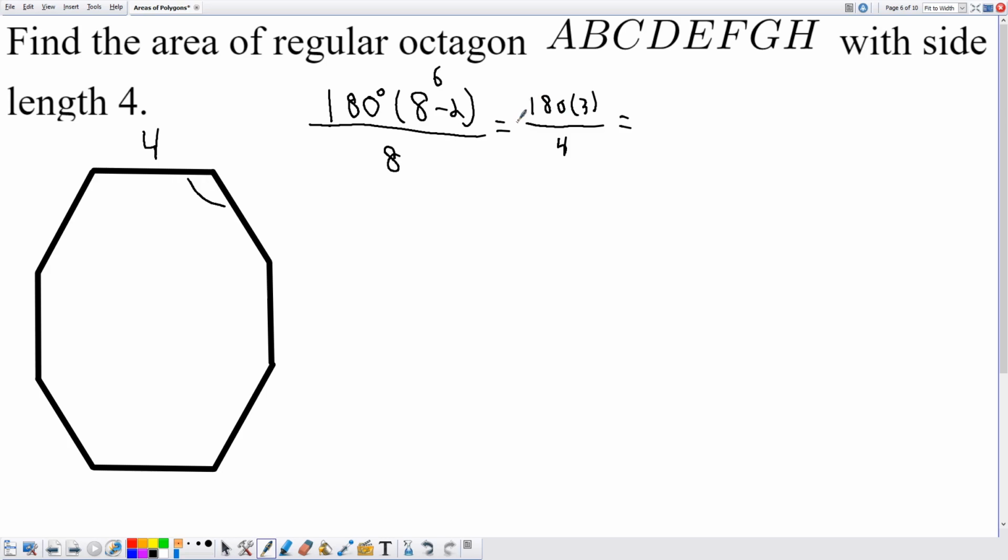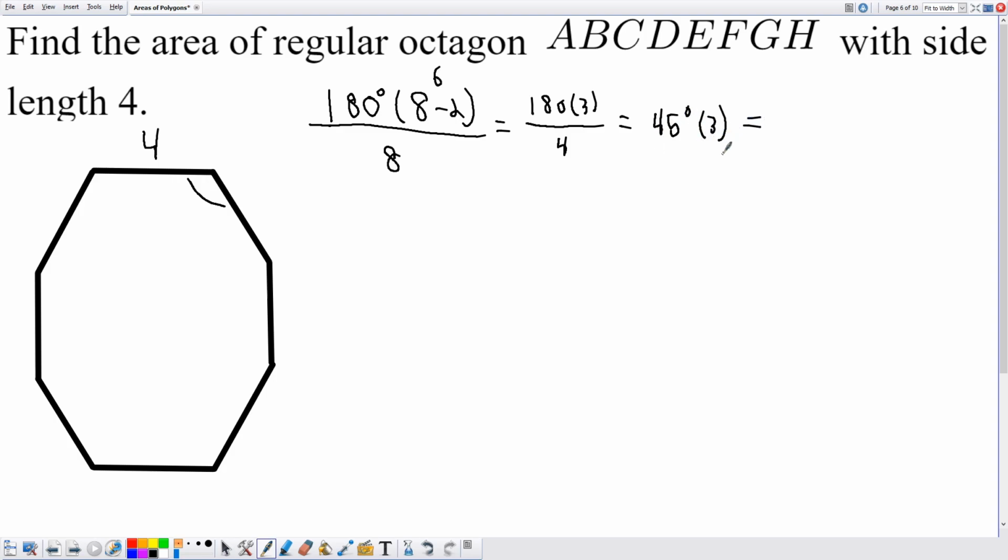And let's try to reduce this down even further. So 180 divided by 4 is 90 over 2, which would become 45 degrees, multiplied by 3.